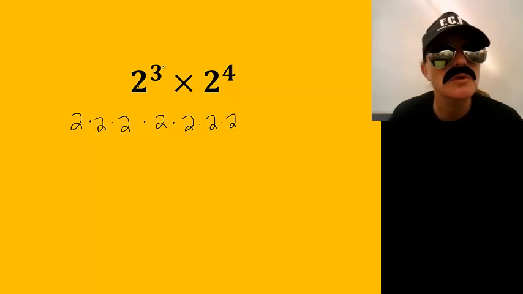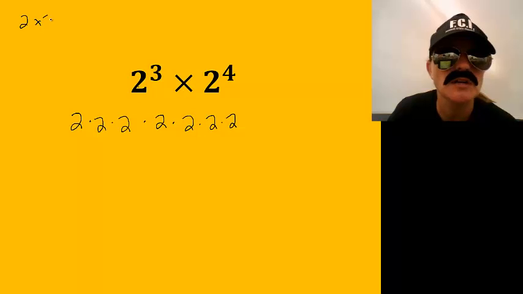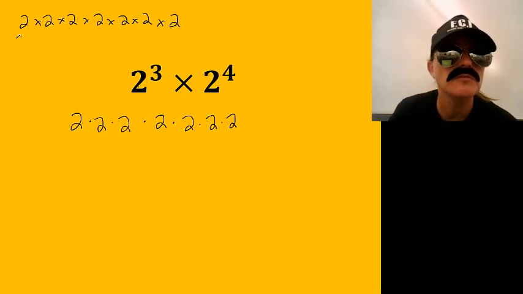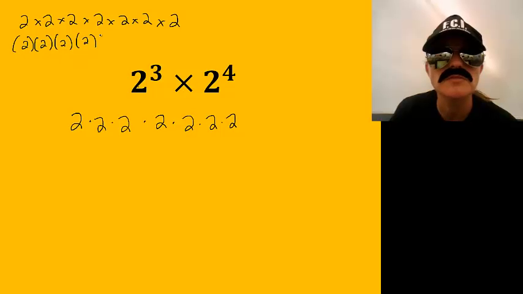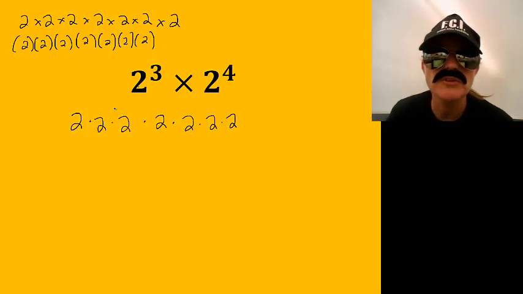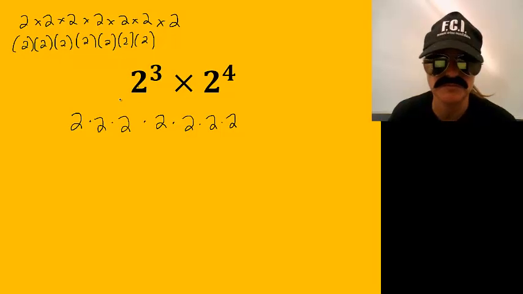Now I'm going to show you 2 other ways that you can write this. You can write it with the multiplication sign, or with a dot. Both of these ways are an accurate way to show this same problem.